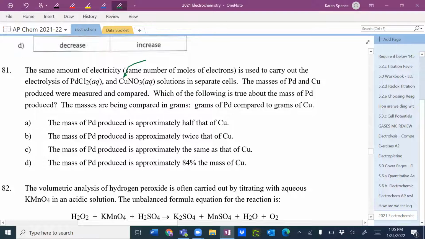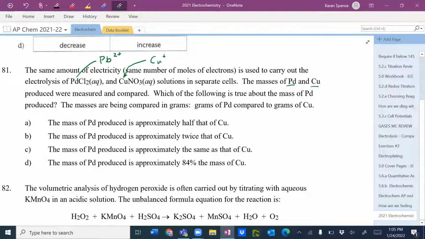We don't usually have copper 1, but I'm going to go with copper 1. The masses of palladium and copper were compared. Which of the following is true about the mass of palladium produced comparing grams of palladium to grams of copper?